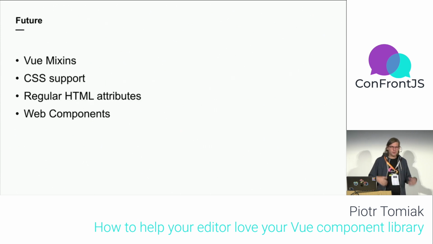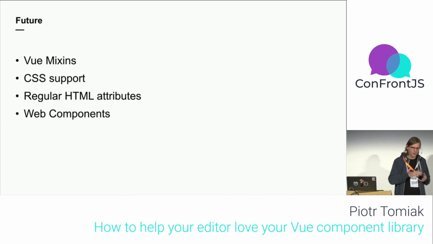And our plan for the future, as far as the standard is concerned, is to add support for mixins. It wasn't required so far. There are not many mixins being contributed within the libraries so far, and we really want to add CSS support.